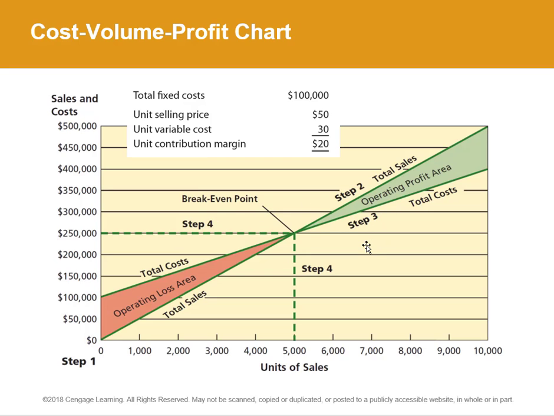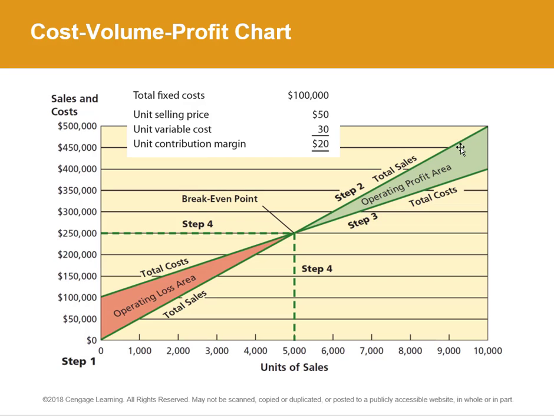It's easy with a computer, with Excel, to run a graph like this really fast. The other nice thing that it illustrates is the operating profit right here. This is all profit, and then down here, this would be a loss. Anything less than 5,000 units would be a loss, and anything greater would be profit.